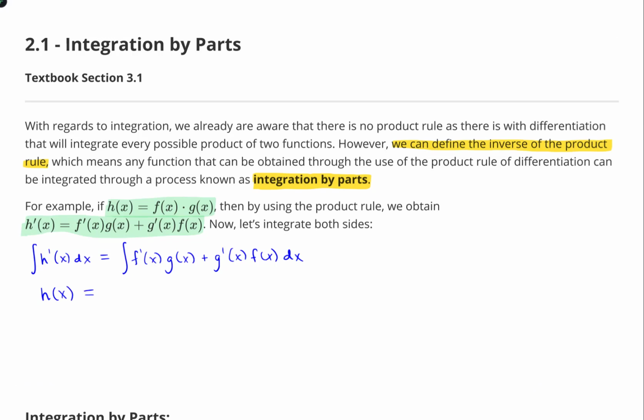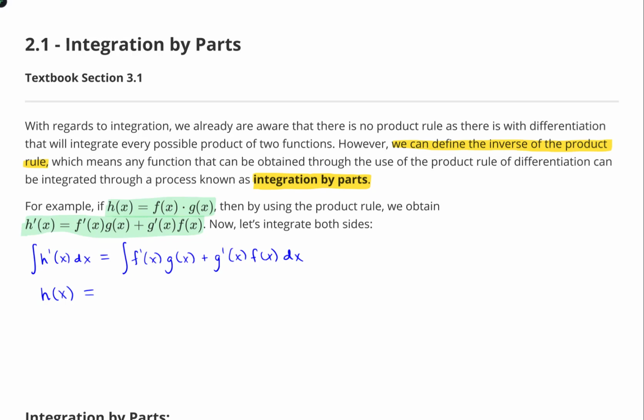What happens over here is a little bit different. We can't just say this is necessarily f of x times g of x right away, although we know it ultimately is, but unless we knew where this function came from, we wouldn't be able to just jump right to that conclusion.